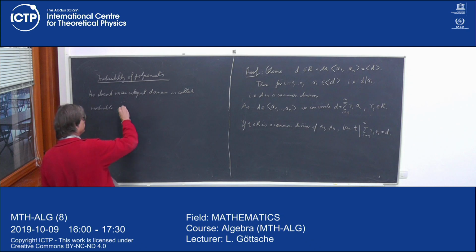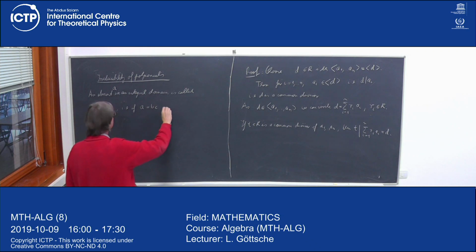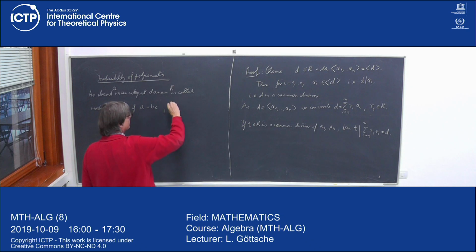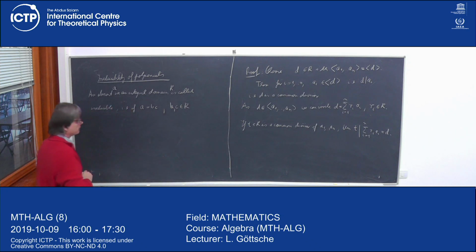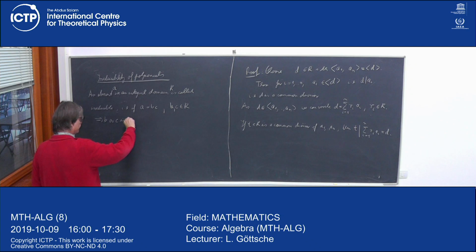So that means, if this element is called A, if A is equal to B times C, with B, C elements in R, then you can always divide by units, so then it follows that B or C is a unit.